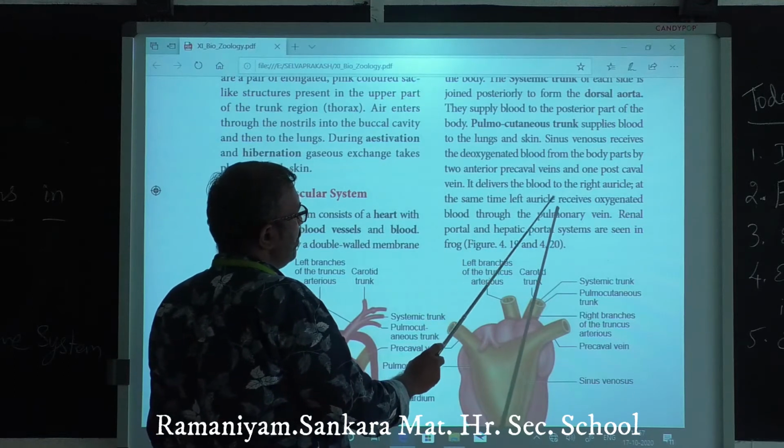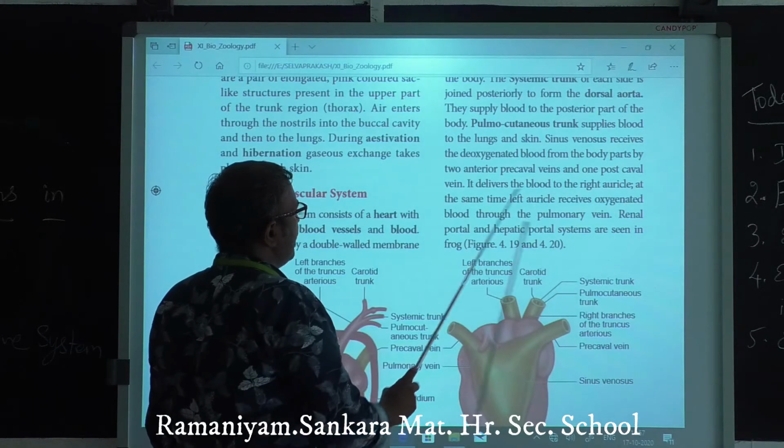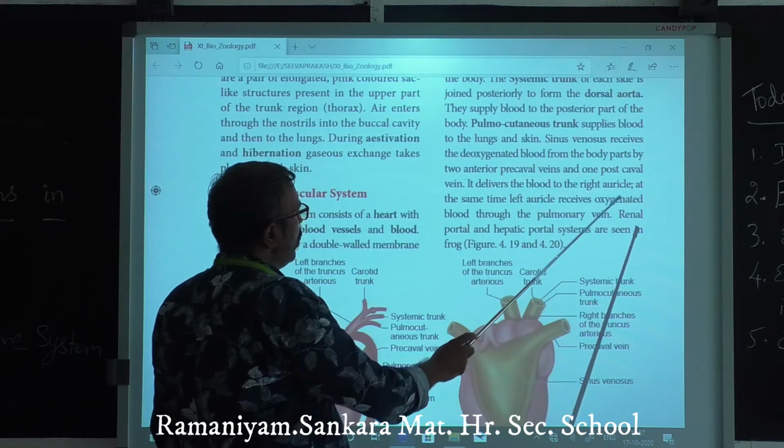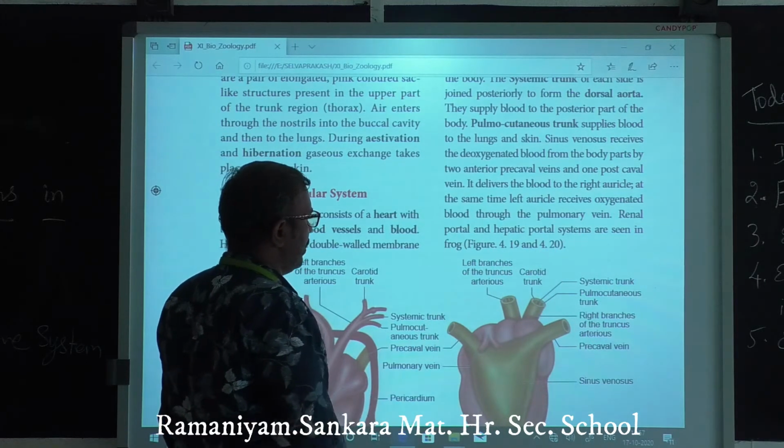It delivers the blood to the right auricle. At the same time, the left auricle receives oxygenated blood through the pulmonary vein.